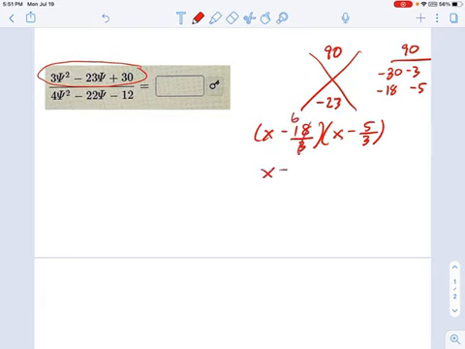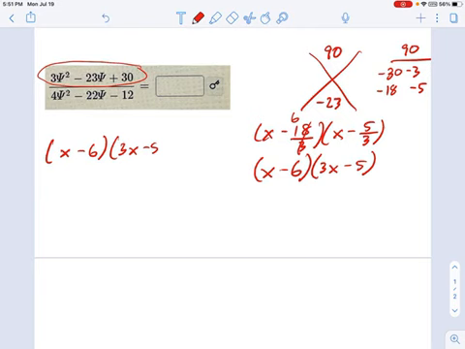So this becomes x minus 6. And 5 over 3 does not cancel out. So we're going to take that 3 and move it in front. So this is your factored polynomial on the top. So we're going to replace that one up there with x minus 6 and 3x minus 5. Okay? Now, I am ready to move on to the bottom one.